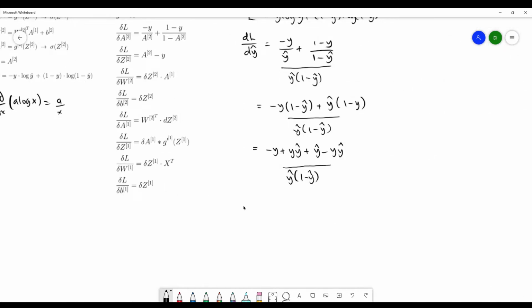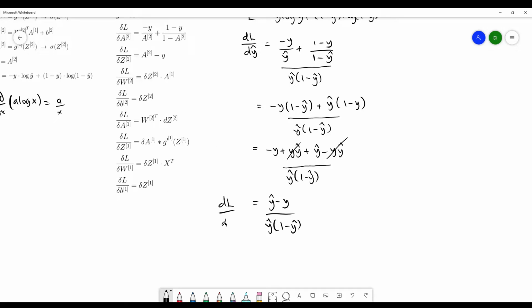All right, looking good. And so from here, we could see that we have a positive y hat and a negative y hat, so they can't stay in the same place, right? They need to cancel each other out. All right, so we're left with y hat minus y over y hat times 1 minus y hat. All right, this looks like a good place to stop.